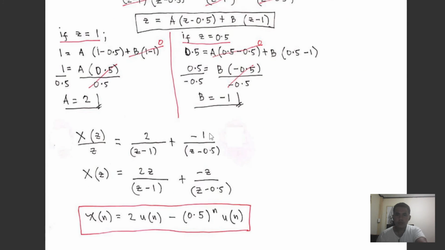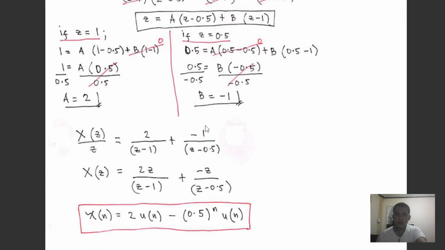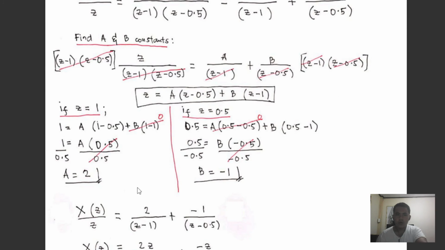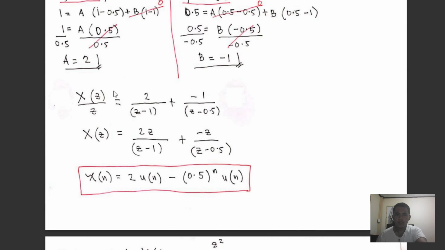After the partial fraction solving, we substitute these constants, 2 and negative 1, into this equation. Then we multiply this equation by z.